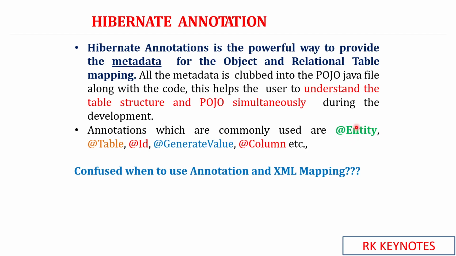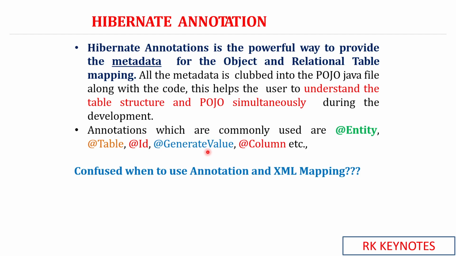@Entity, we need to make the class an entity. Then @Table: which table we are going to use, or on which table you have to insert records. @Id is for the primary key, and then @GeneratedValue is for generating continuous numbers.